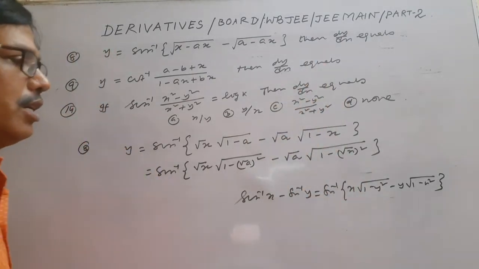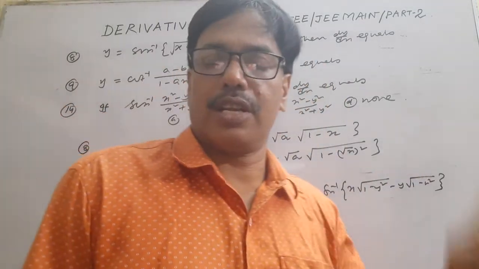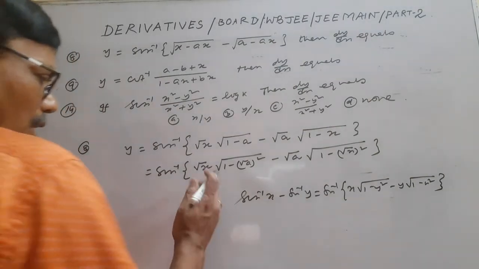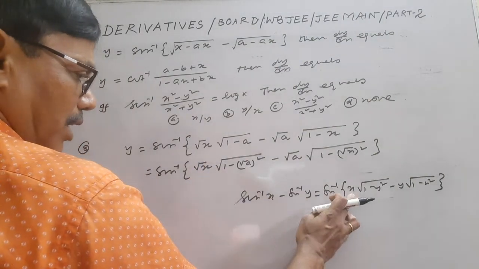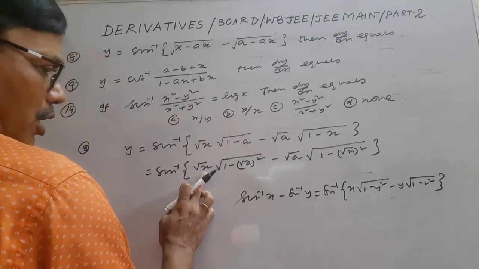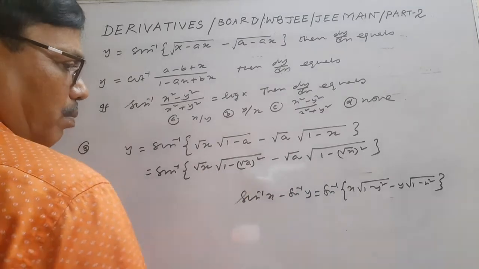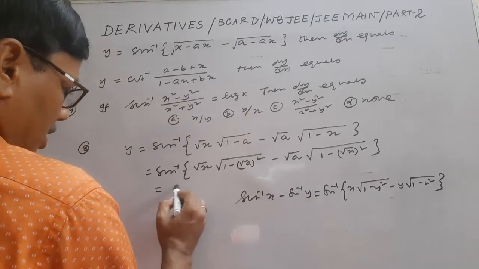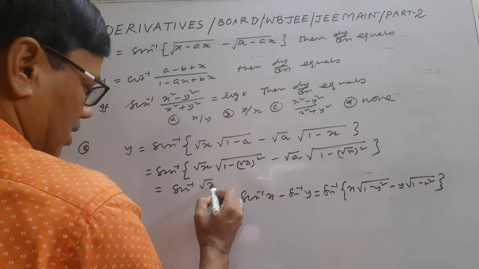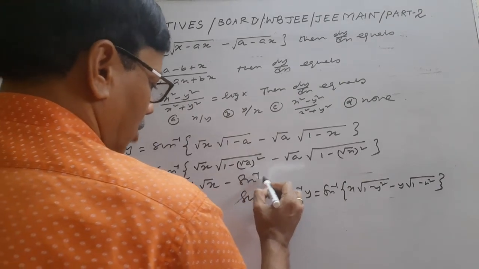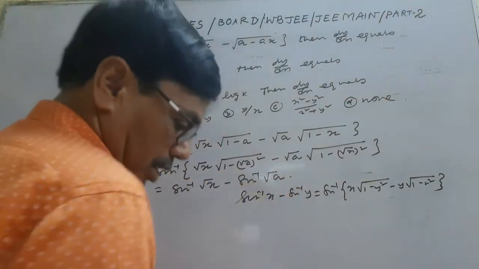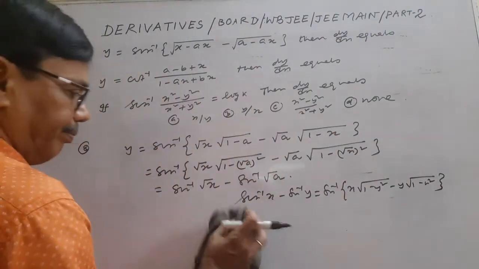So you can write it in this form. Now x is replaced by root x and y is replaced by root a. So this is sine inverse root x minus sine inverse root a. So this is the simplified form.